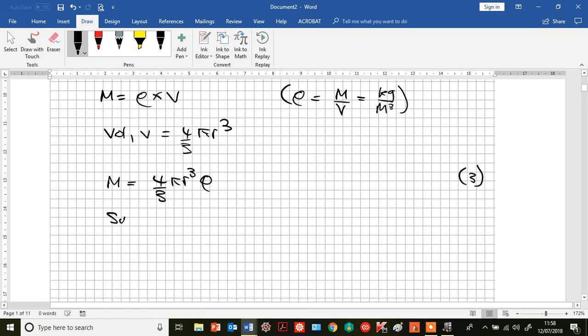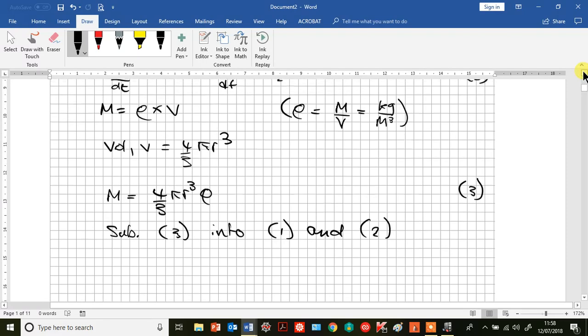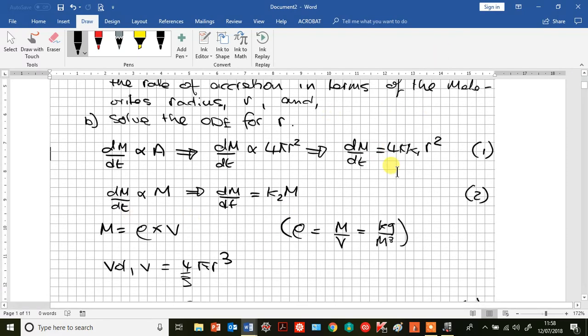So we substitute equation 3 into equations 1 and 2. I'll scroll up so that you can see those equations again. We have to substitute what we have for m into that and what we have for m into that.